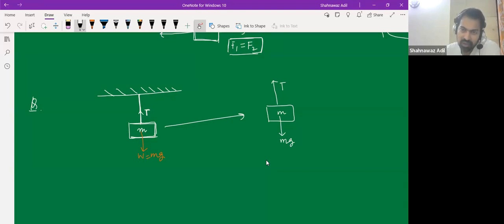Total upward force is equal to total downward force. That is equilibrium, right? So T is equal to mg. This is what Akib is saying.